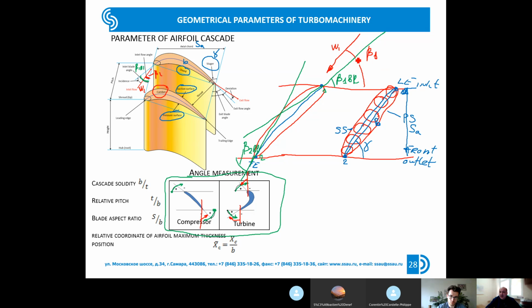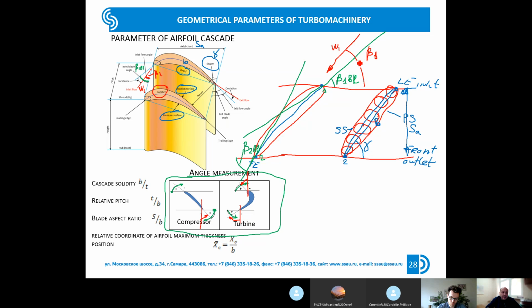Very often these two angles are approximately the same. They are usually very close, especially at design mode. It's typical design practice, and if you make these two angles approximately equal, it leads to low losses. That's why it's the typical design practice.